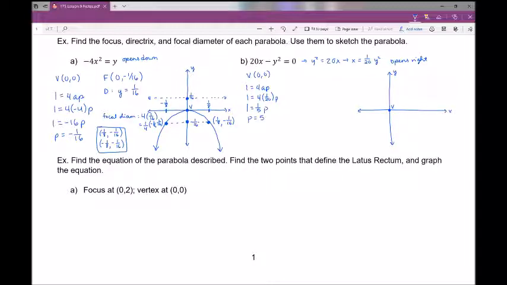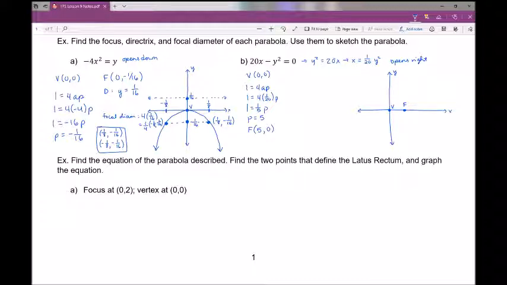Okay, so if we know the parabola opens right, we know that the focus must be 5 units to the right of the vertex. So we know that the focus is 5, 0. Okay, so that's our focus.